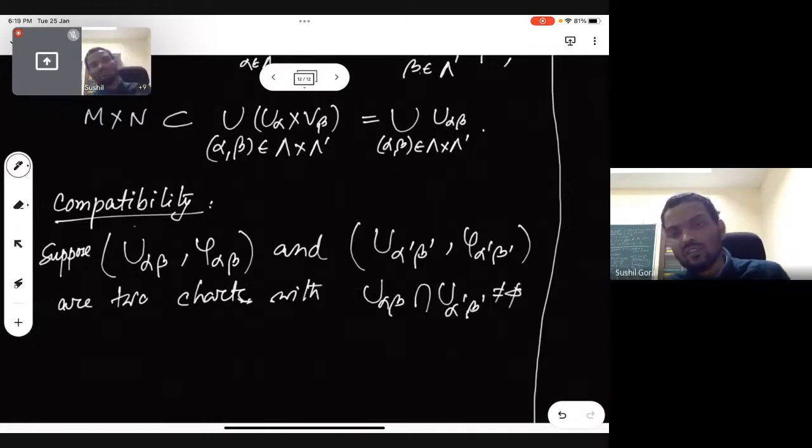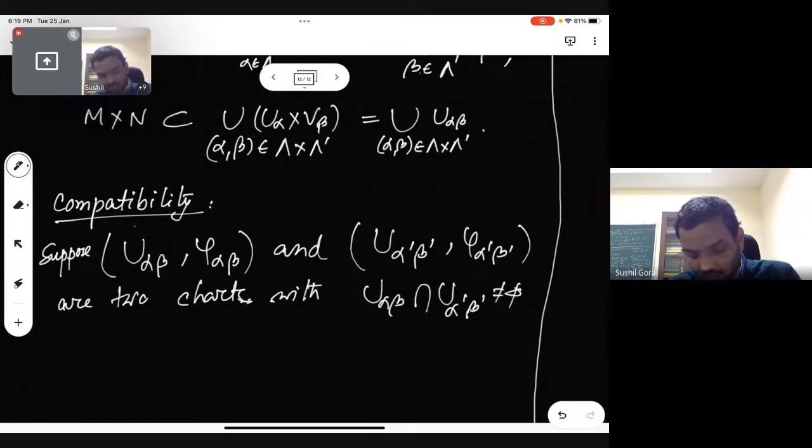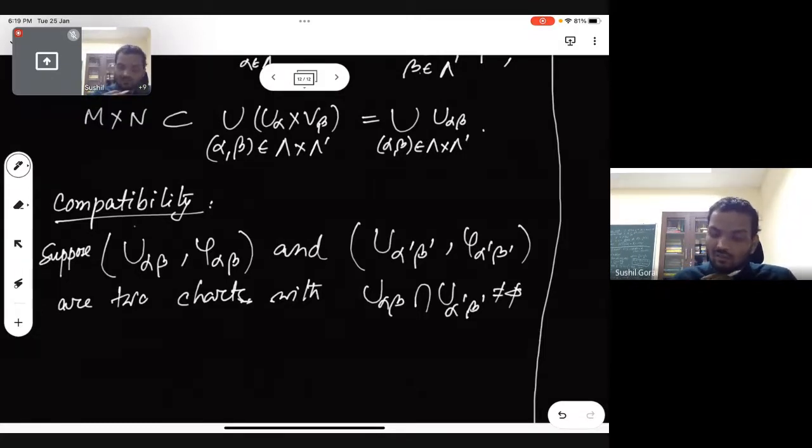If it is empty, then it is trivially compatible, there's nothing here. But if the intersection is non-empty, then only one needs to check.